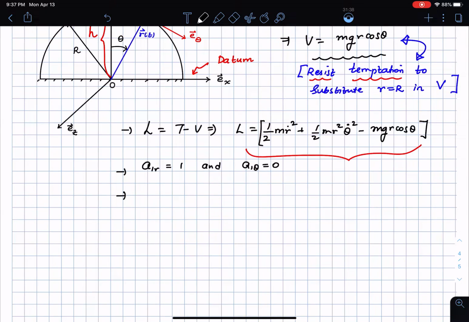That's one thing, that's the other thing, and typically we will have as many multipliers as we have constraint equations.